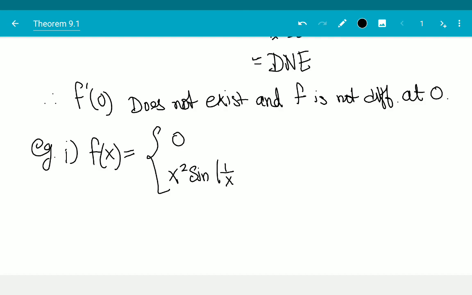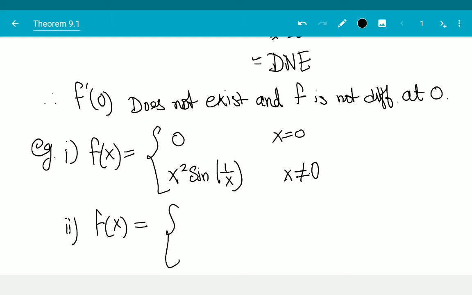First, f of x is equal to x squared sine 1 over x for x not equal to 0, and 0 at x equal to 0; or second, f of x is equal to sine 1 over x for x not equal to 0, and 0 at x equal to 0. Okay, try both of these functions, see what you get. Those are homework exercises, and I will stop this video here.